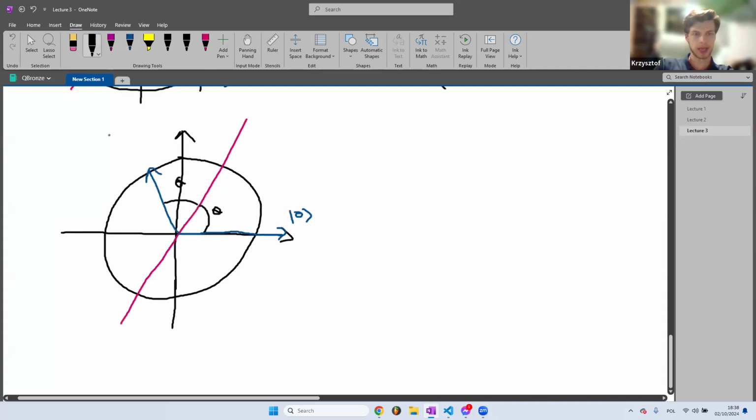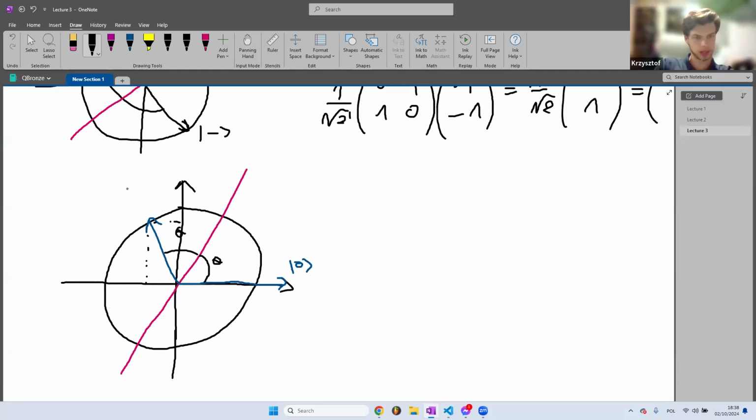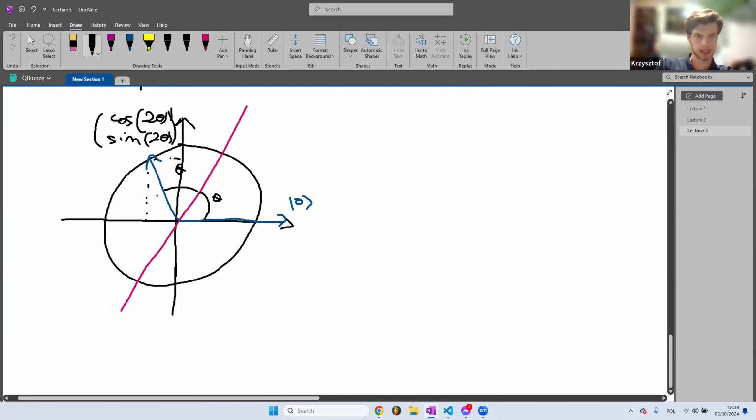So the resultant state will be cosine of 2 theta and sine of 2 theta. I hope you can see that this value here is the cosine of 2 theta, and this value here is the sine of 2 theta.